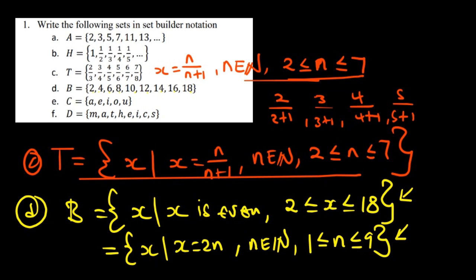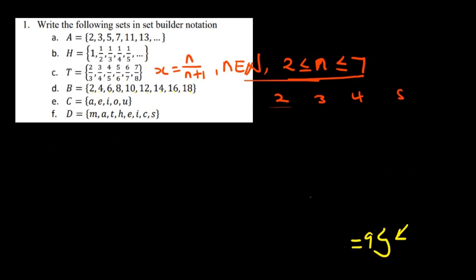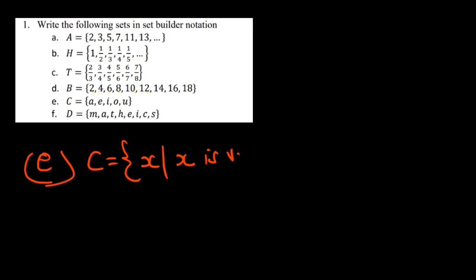Alright, let's represent E now. E is just a set of vowels. Those are A, E, I, O, U, that you learned in grade 1. So they have come again in math in the form of sets. So we're going to say this is a set of all x's such that x is a vowel.